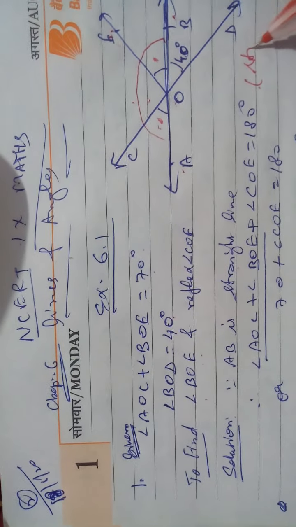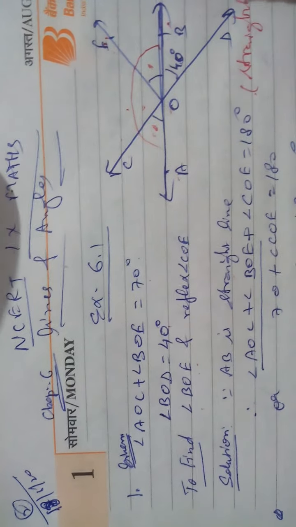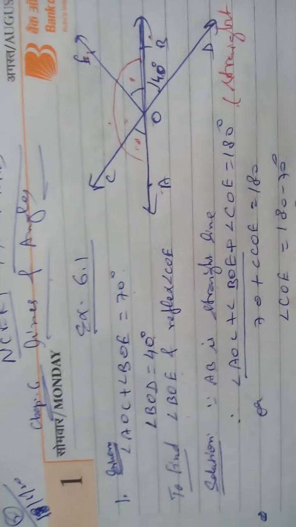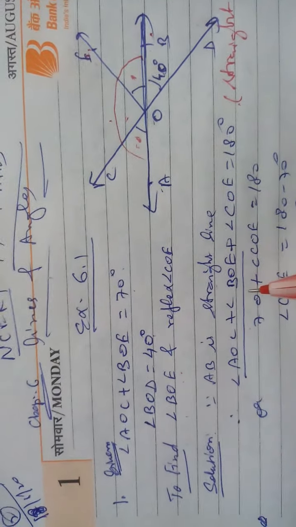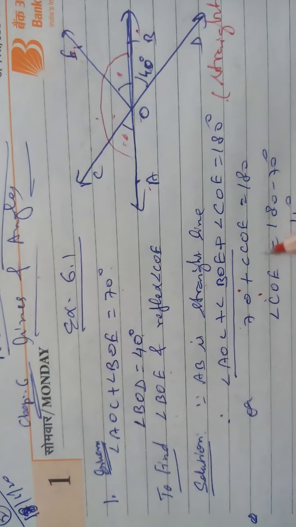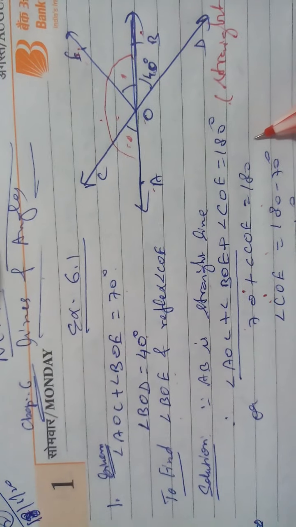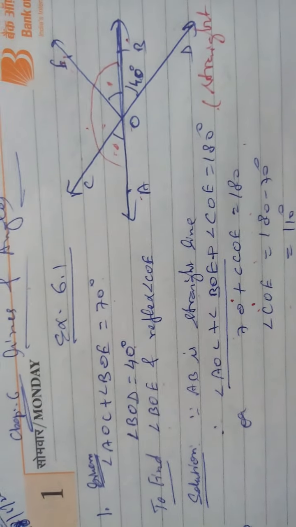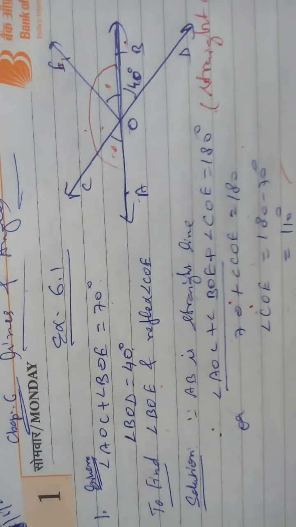Now in place of AOC plus BOE, put 70 degrees: 70 plus angle COE is equal to 180. So COE is 110 degrees.